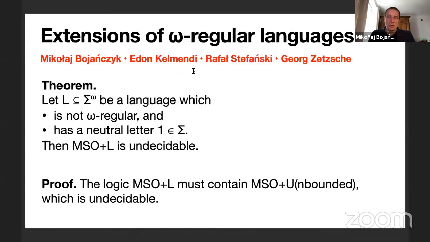Our main result can also be phrased in this language, without the neutral letter: if you take a class of omega languages which is closed under Boolean combinations and under images with respect to omega rational transductions, then it is necessarily undecidable.